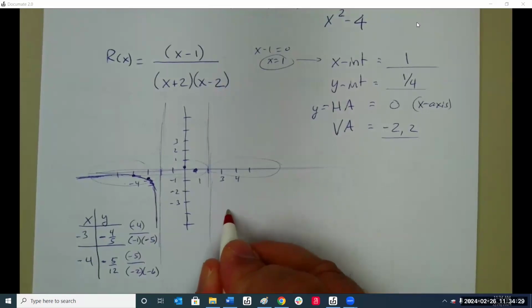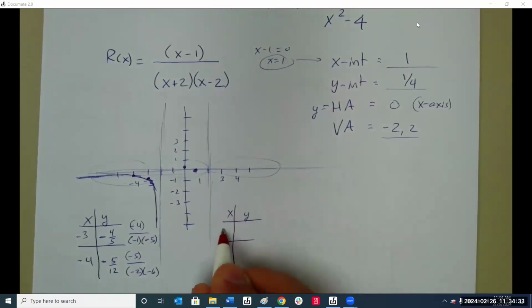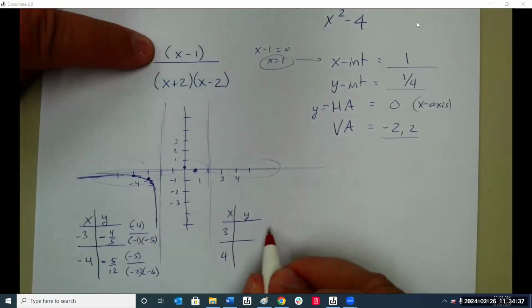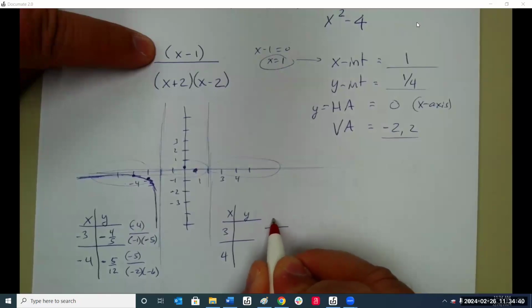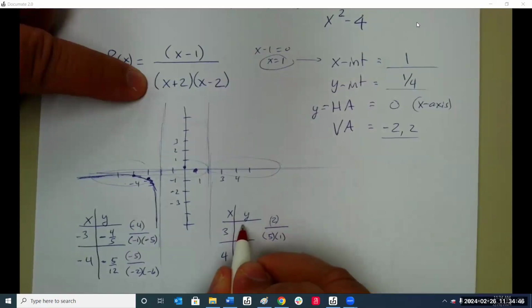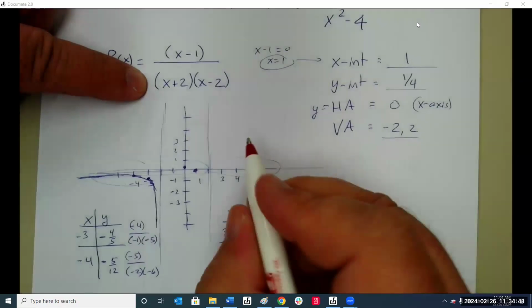How about in this one on this side? At 3 and 4. 3 minus 1 is 2. 3 plus 2 is 5. 3 minus 2 is 1. So we got 2/5.